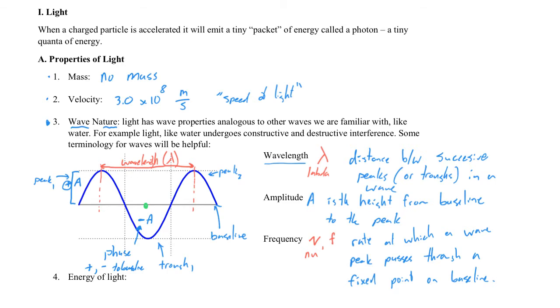So you'll see the wave actually propagate, say forward or backwards. And as it propagates or oscillates through, you can actually measure the frequency by measuring how often each peak of the wave, one of those peaks of the wave, passes through that point on the baseline, and make a count. And this is referred to as the frequency.